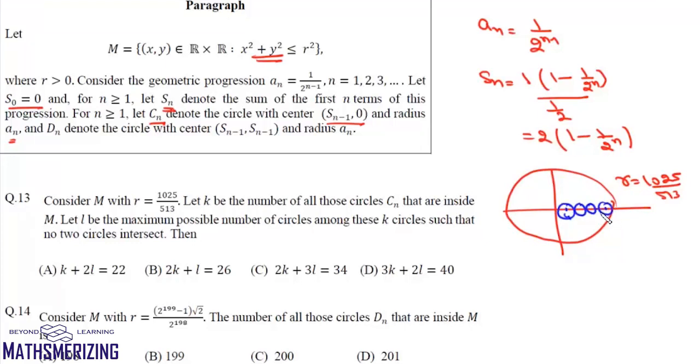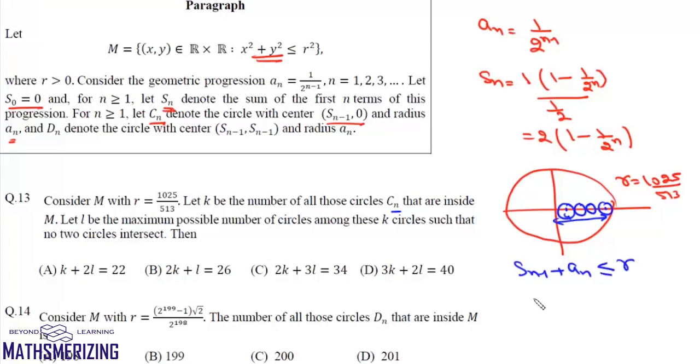So we need to find the maximum possible number of circles Cn which can be inscribed in this larger circle. Now suppose the maximum circle is that circle Cn. Now if Cn lies inside this larger circle, then the distance of its center from origin, which is Sn minus 1, plus its radius, which is an, must be less than or equal to this value r.